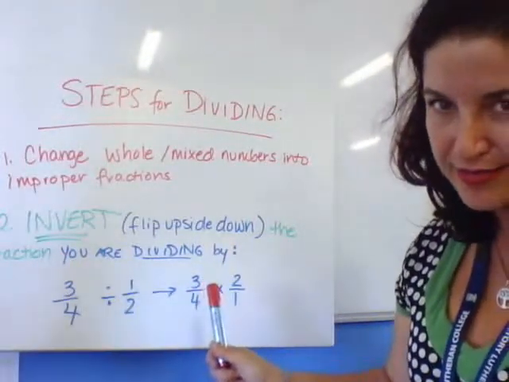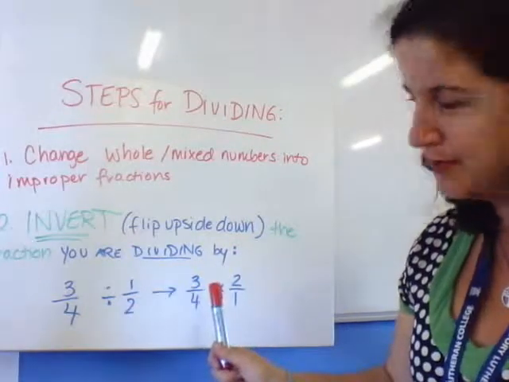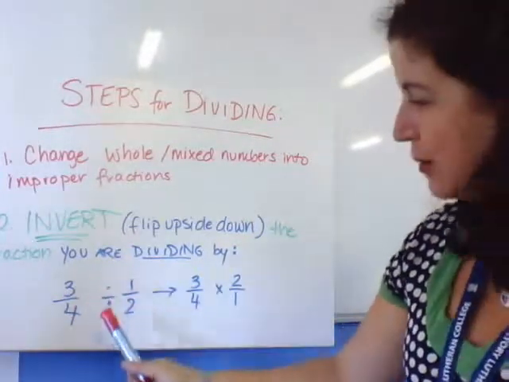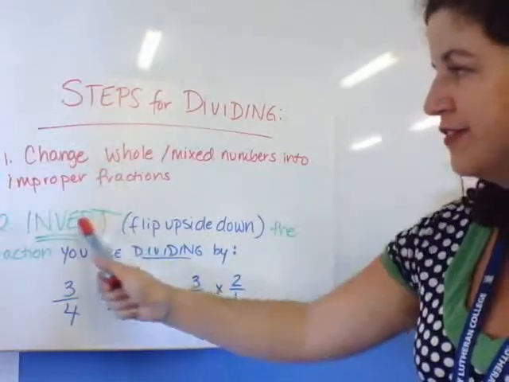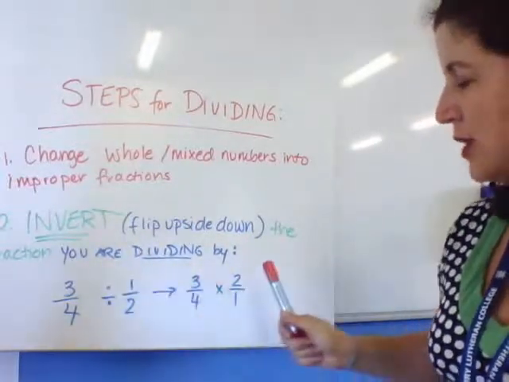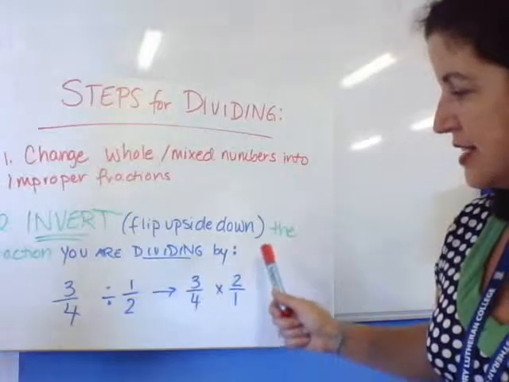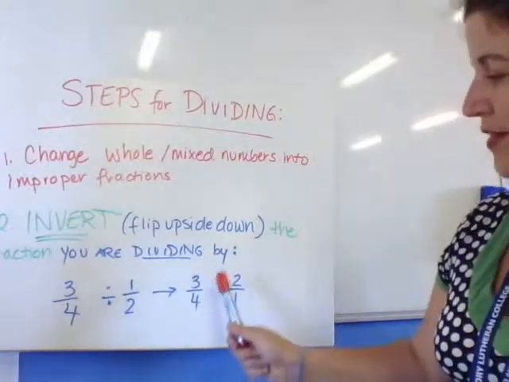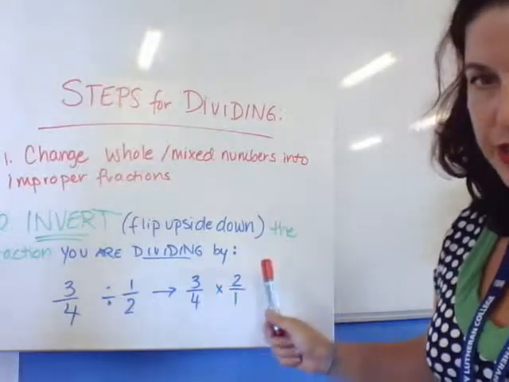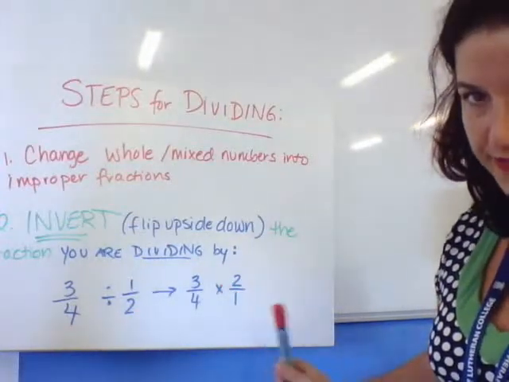Only that one. Not the other one, just that one. So, for example, 3/4 divided by 1/2, you're going to invert just the 1/2, so that it's 2/1 instead of 1/2.